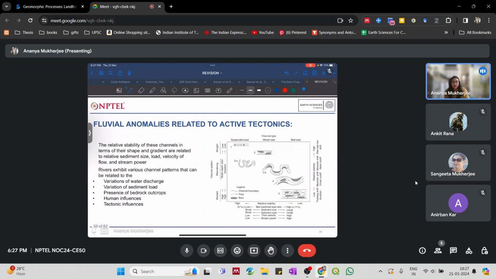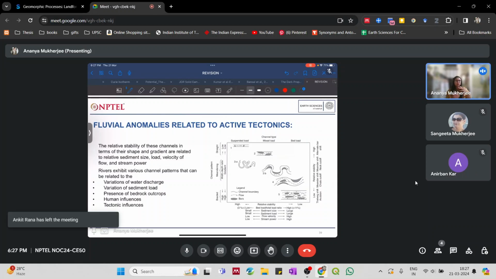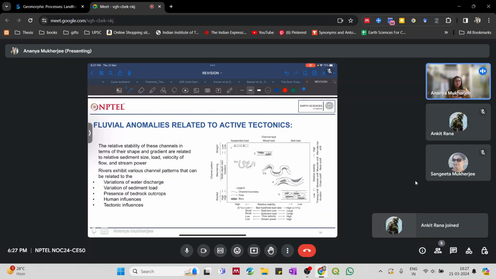Now, as I said, tectonic geomorphology alone does not have an implicit role. It will work in combination with a different kind of geomorphology. So the geomorphic features developed due to fluvial geomorphology can change due to the role of tectonics in that area.